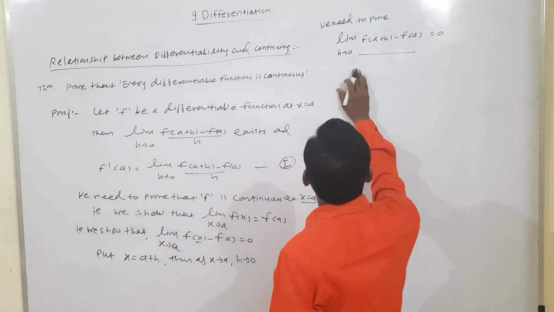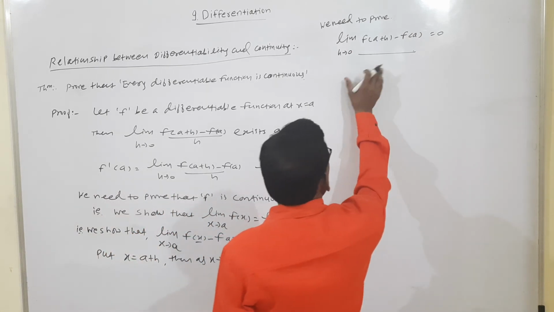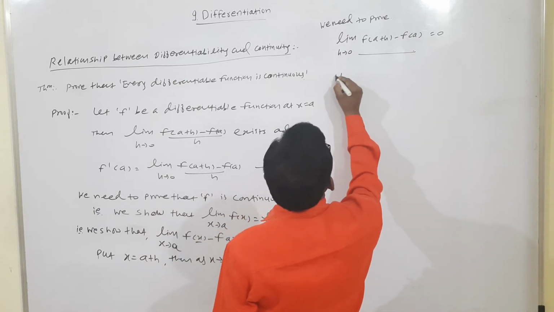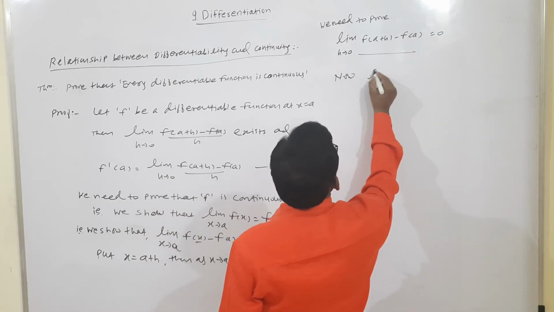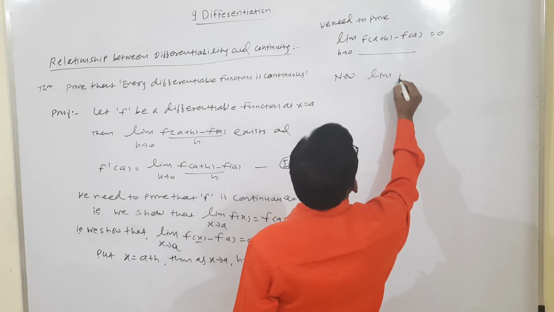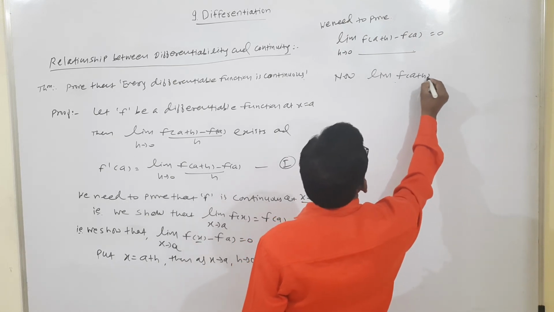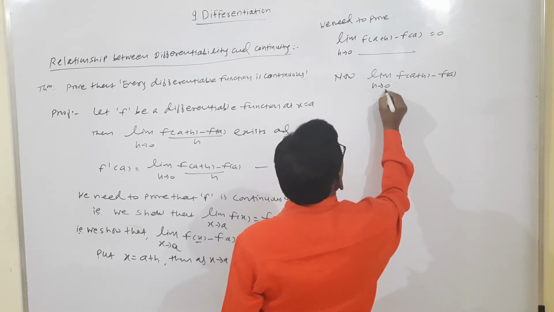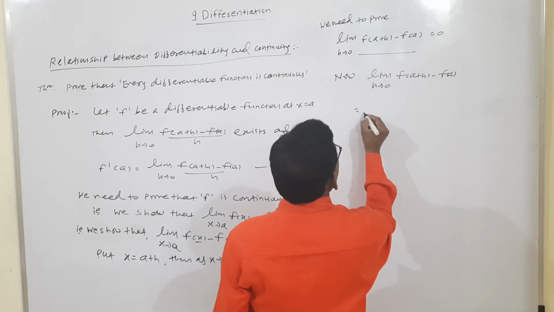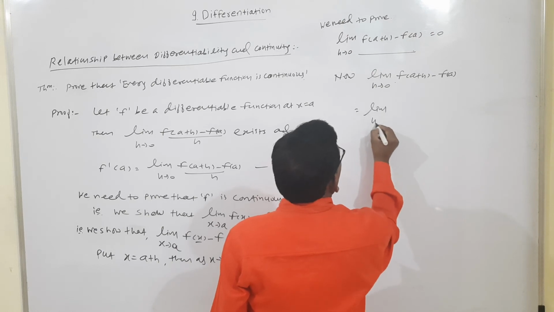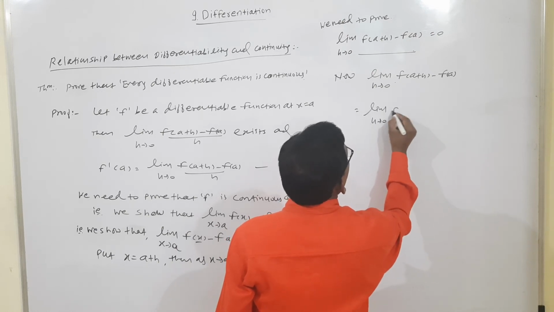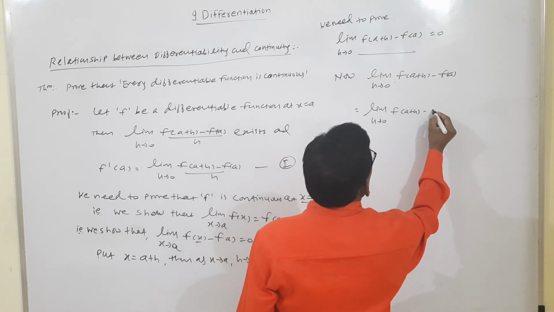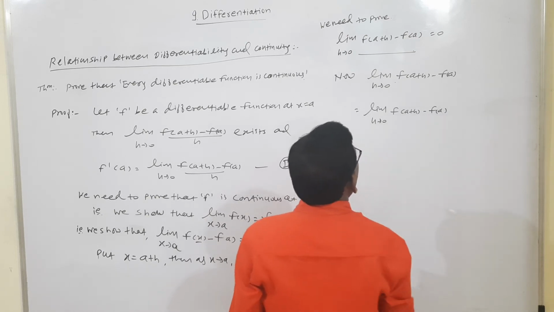Now we take the left hand side limit and prove it. The limit of f of a plus h minus f of a as h tends to 0 is equal to the limit as h tends to 0 of f of a plus h minus f of a.